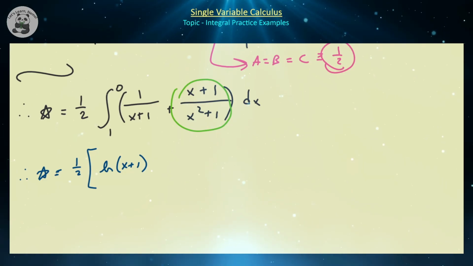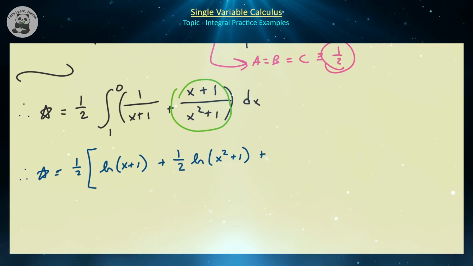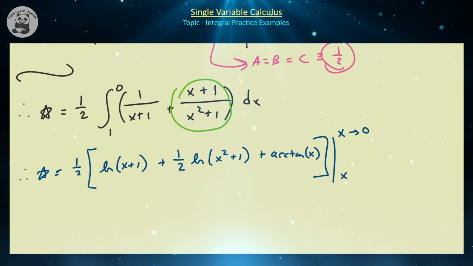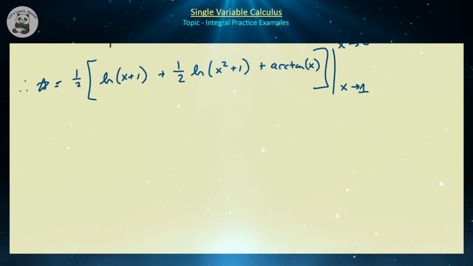I leave this to you as an exercise. It's just going to come out to 1/2 times the natural log of x squared plus 1, and then the arctangent of x, plus c, but keep in mind, we're going to be evaluating this as x goes to 0 and as x goes to 1 in that order.